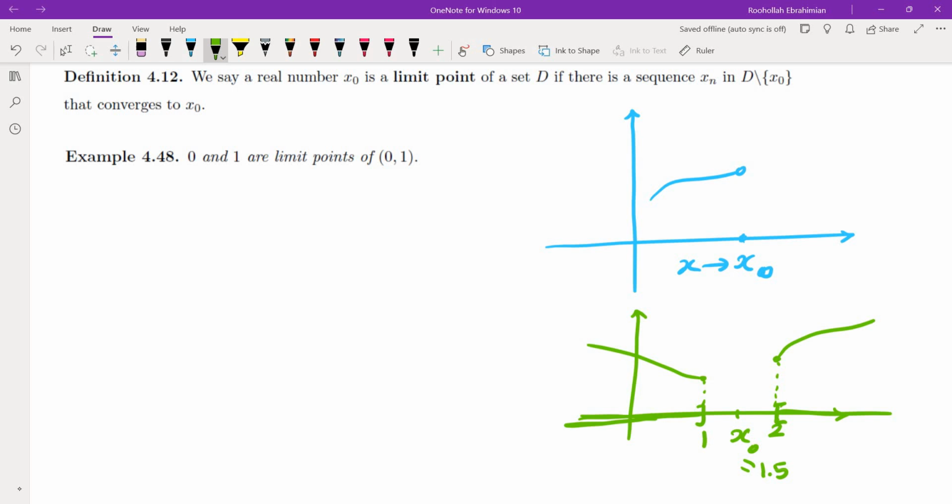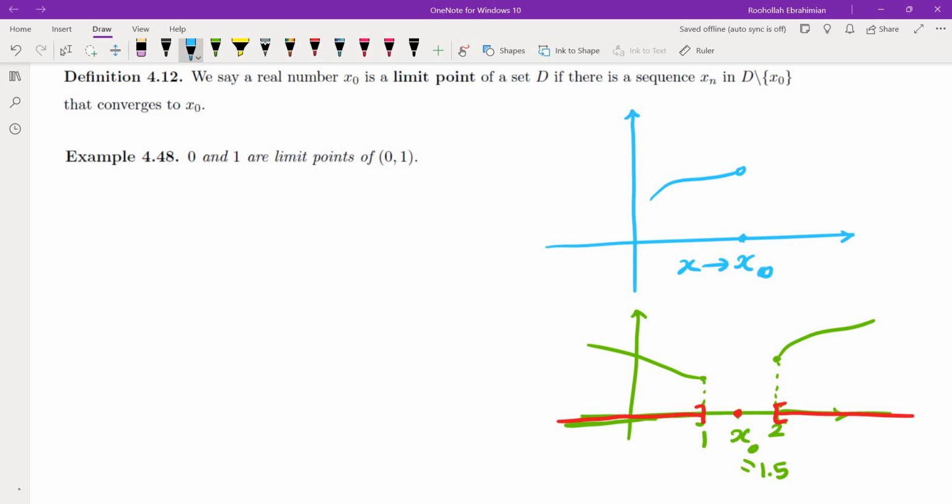In the domain of this function, which includes things less than or equal to 1, greater than or equal to 2, and the number 1.5, there are no points close to 1.5 except for 1.5 itself, which means I cannot really approach the point 1.5. So it doesn't really make sense to talk about the limit of f of x when x approaches 1.5.